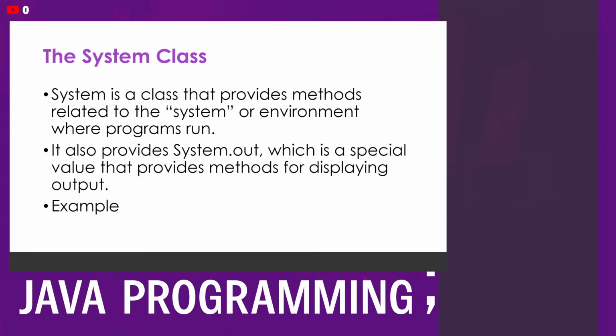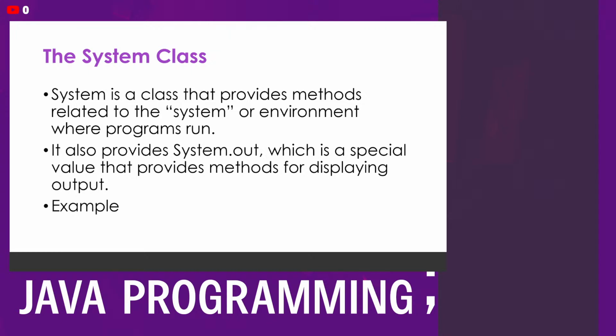When we're thinking about the system class, we can think about it like playing a computer game, right? If you're playing a video game on your computer, you have some tools and different commands that you can work with to interact with the game's world.